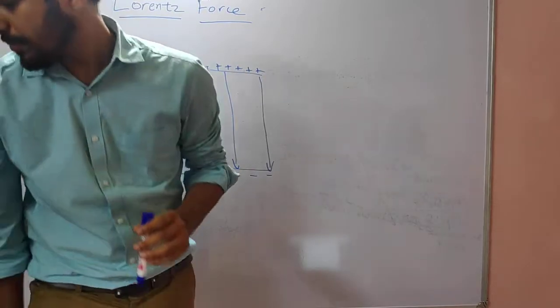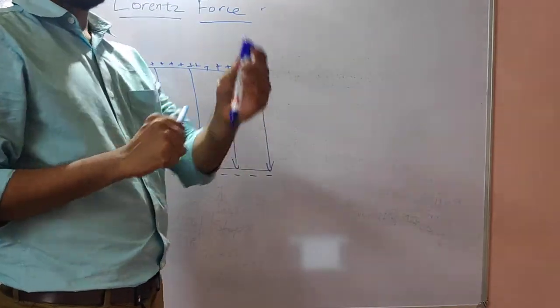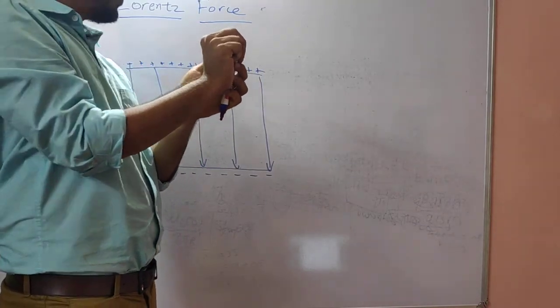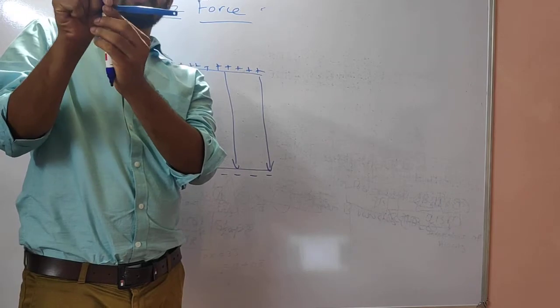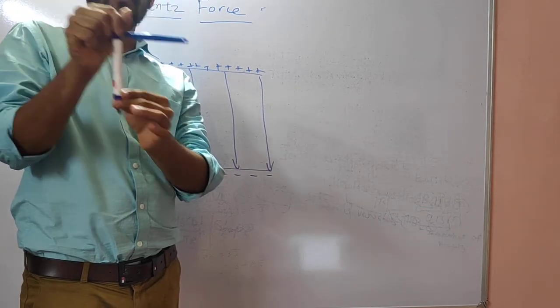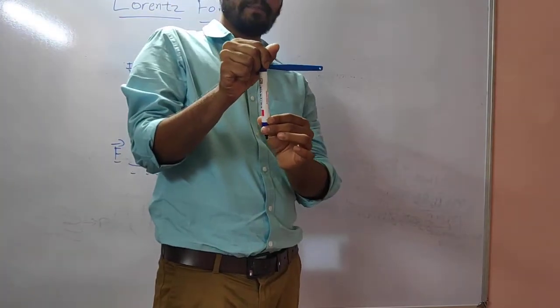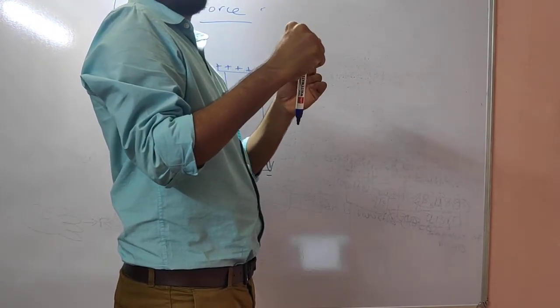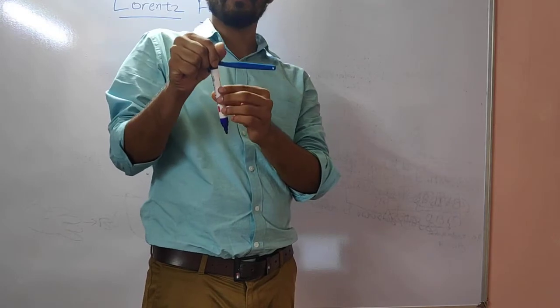Okay, I'll show you something. यहाँ पे मेरे पास कुछ है. If this is the direction of electric field and this is the direction of magnetic field, then you can see, can you see over here that it is making 90 degree? Okay, this is the direction of electric field and this is the direction of magnetic field, so it is making 90 degree between each other.